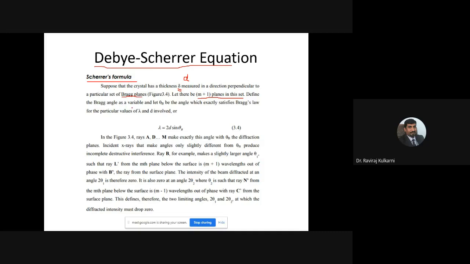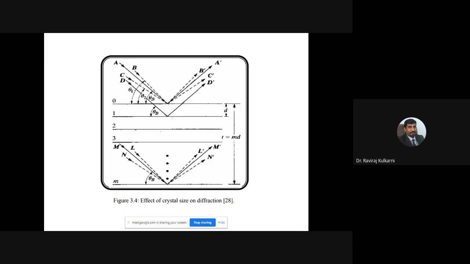Define the Bragg angle as a variable, and let theta B be the angle which exactly satisfies Bragg's law. This angle is satisfying Bragg's law. So you get some intensity when you plot the intensity versus 2 theta angle, in the scattered light which is hitting the detector.